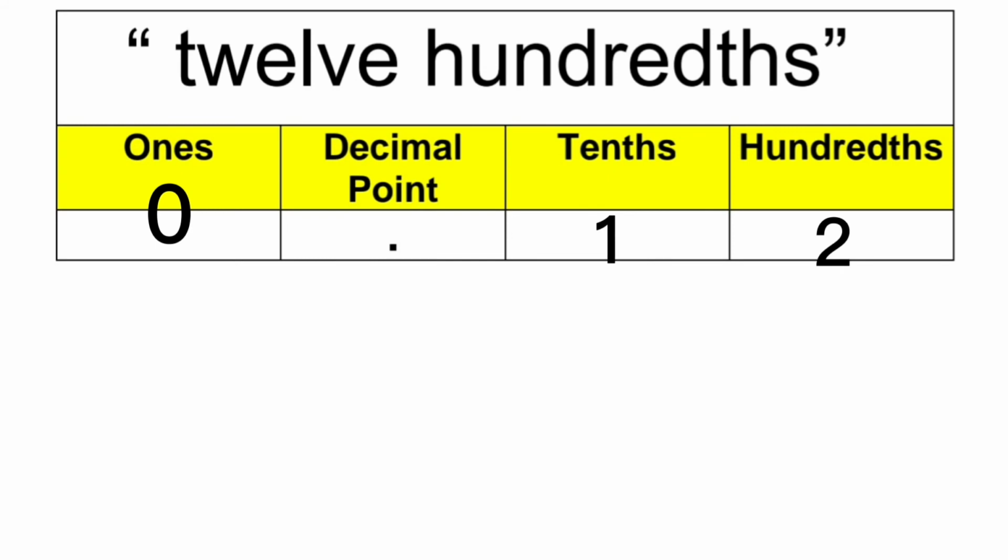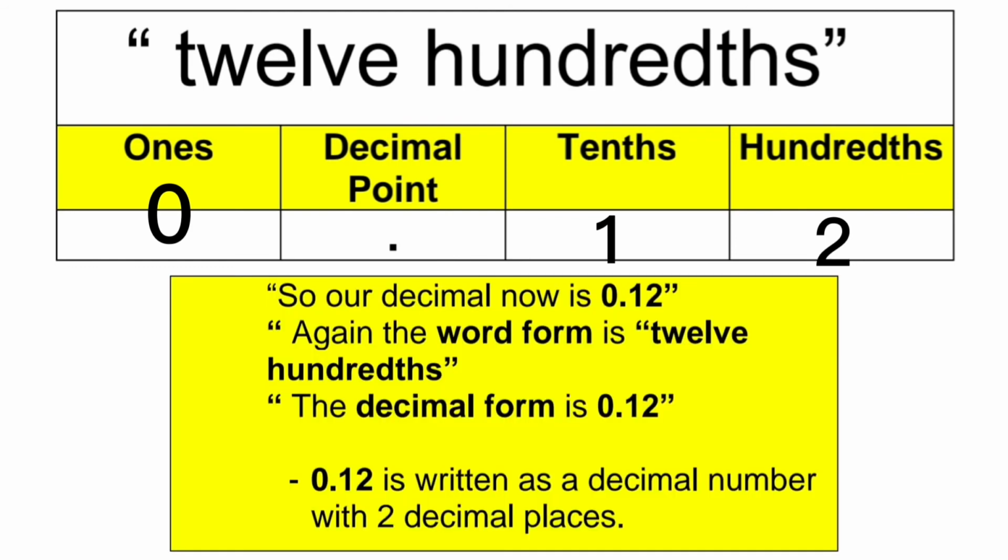So, our decimal is now what? Okay, 0.12. So, you are correct again. Again, the word form is 12 hundredths. The decimal form is what? 0.12. Okay, 0.12 is written as a decimal number with 2 decimal places.